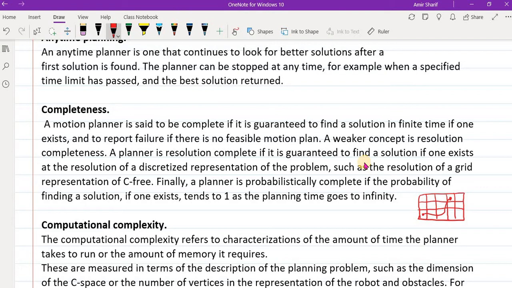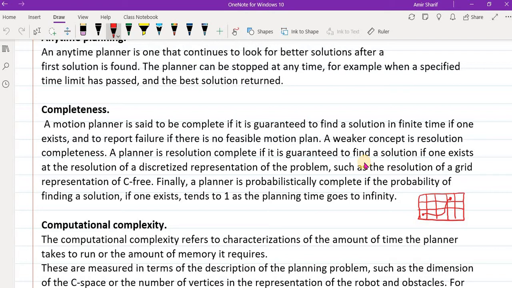If there are too few cells, then your motion planner might not be able to find a solution, so it will not guarantee completeness. But if the resolution of this grid is enough, then your motion planner may guarantee to find a solution, a path.